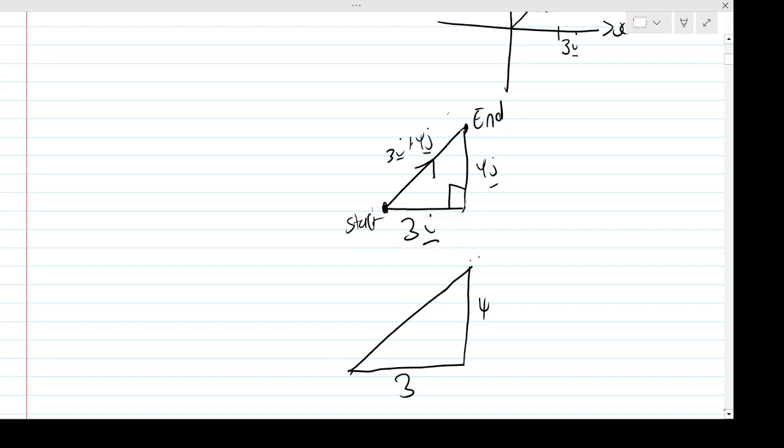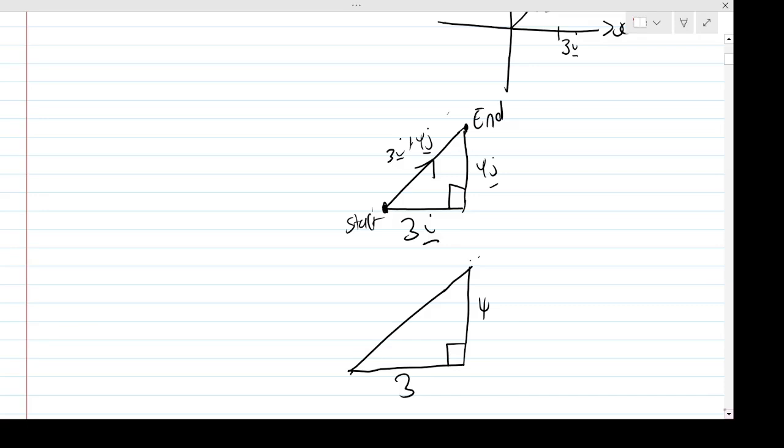So we get this triangle where you go 3 along and 4 up. And so the length of the hypotenuse, which is the vector, that's the length, isn't it? The distance of the vector is the length of the line, which is the length of the hypotenuse of this triangle. But we know we can calculate that though, can't we?